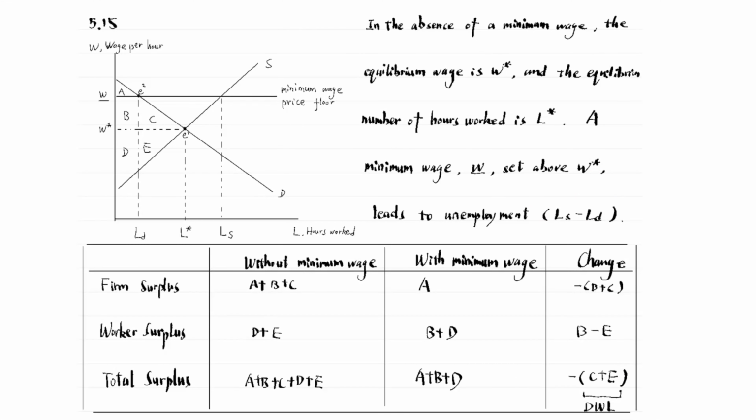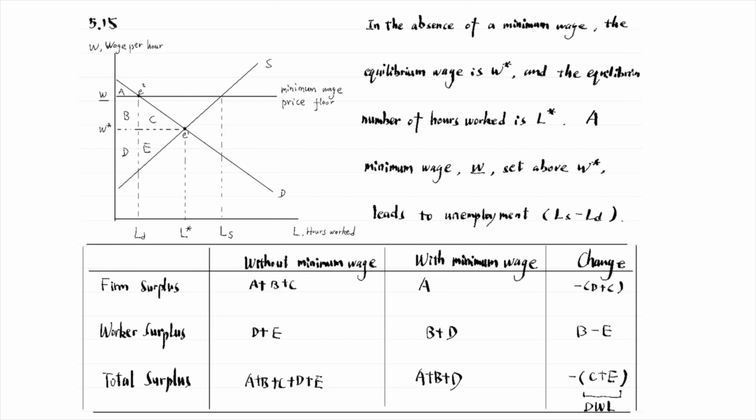Firms are the demand side and workers are the supply side. Without the minimum wage, the consumer surplus, or the firm surplus, is A plus B plus C. The producer surplus, or the worker surplus, is D plus E. The welfare is the sum of them.